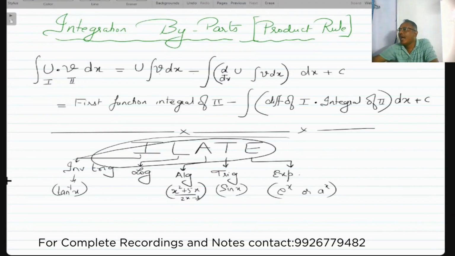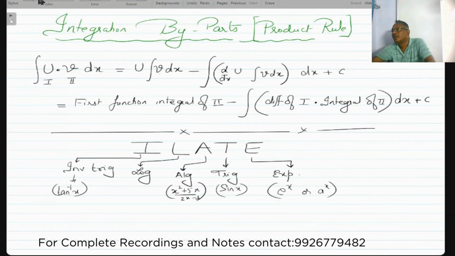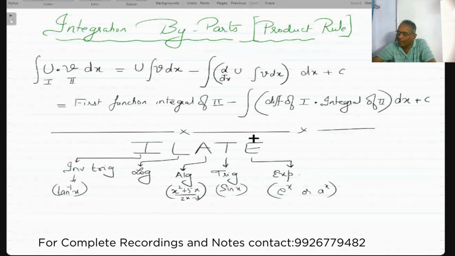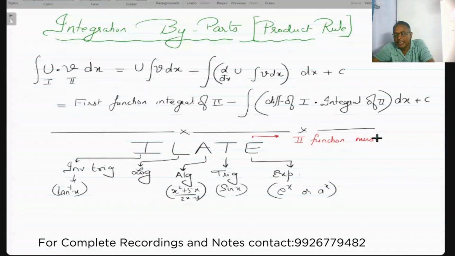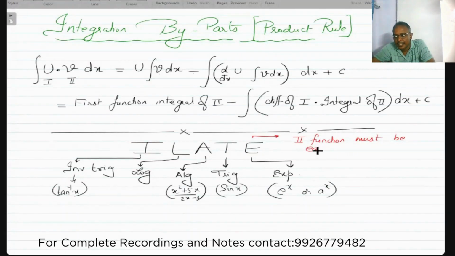This ILATE rule has been made by someone, but whoever has made it, we are not worried about it. What we are worried about is the second function must be easily integrable. ये जिसने भी बनाया है उसने ऐसे सोच के बनाया है कि दो के अगर कंपेयर करेंगे तो दूसरा वाला फंक्शन शुड बी इजीली इंटीग्रेबल.